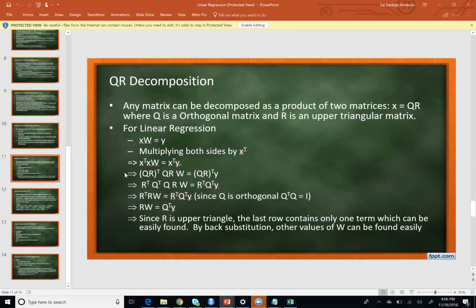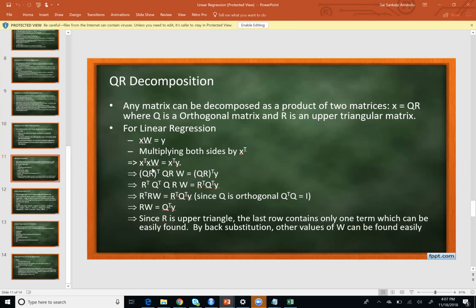The reason we do that is, look at this. The equation we have is X times W equals Y. If we multiply both sides with X transpose, it becomes X transpose X times W equals X transpose times Y. If we can decompose X into Q and R matrices, it becomes (QR) transpose QR times W equals (QR) transpose times Y. Then if you open the transpose, it becomes R transpose Q transpose QR.